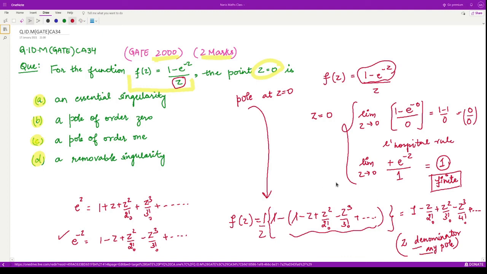So from here we conclude that the given function has a removable singularity. That is the definition of a removable singularity. So here option D is the correct option.